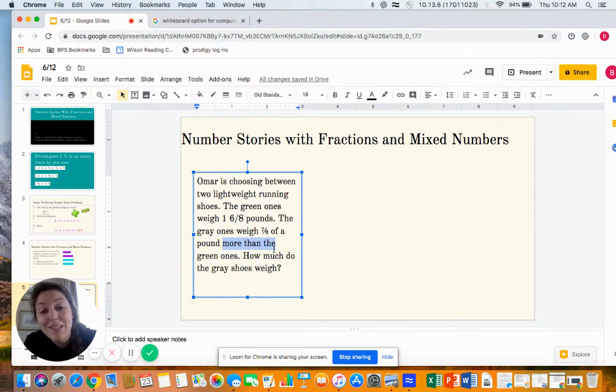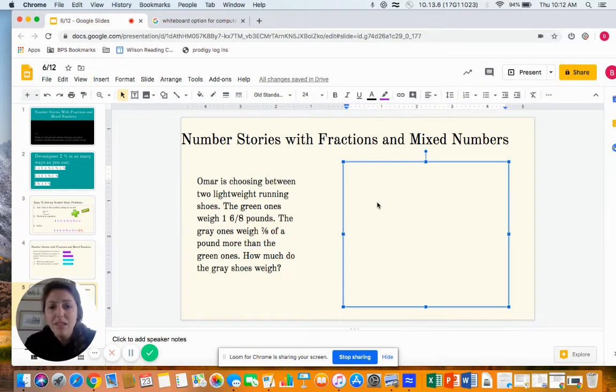Yeah, you're right, it's asking you to add. So let's set up our equation here with our unknown. My equation that I'm doing is 1 6/8 plus 7/8. And that is going to equal G, the gray shoe's weight.